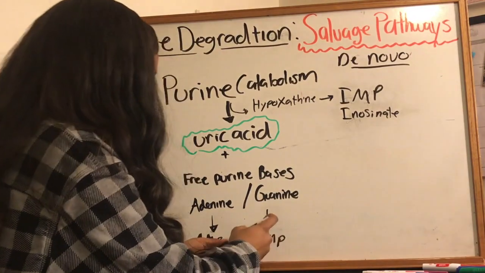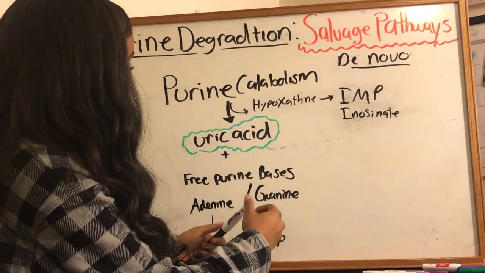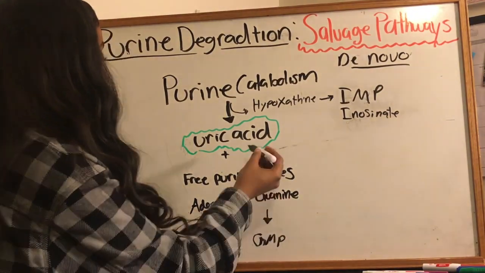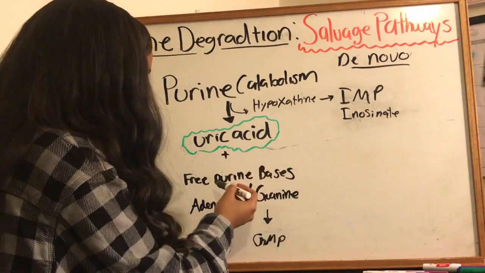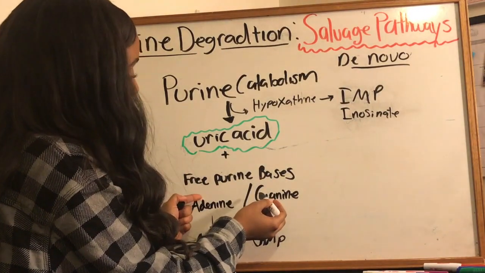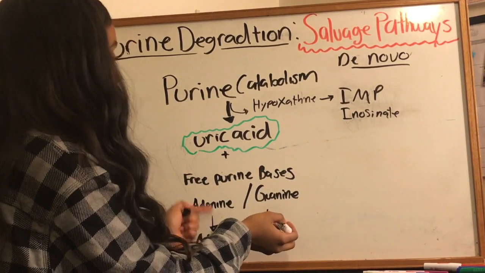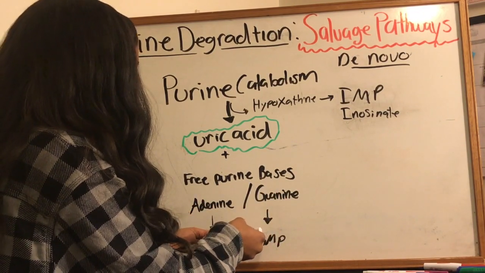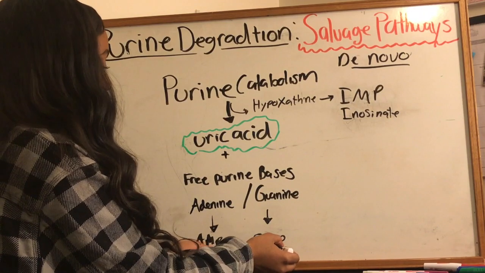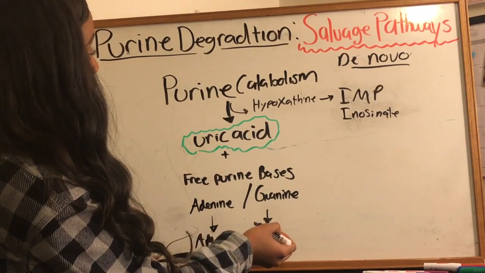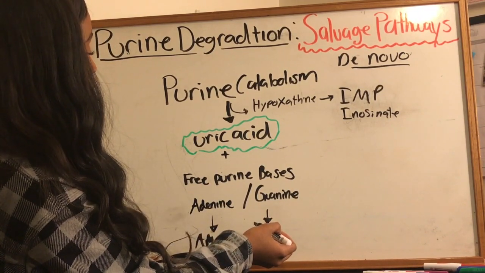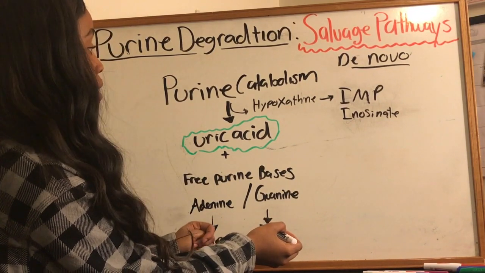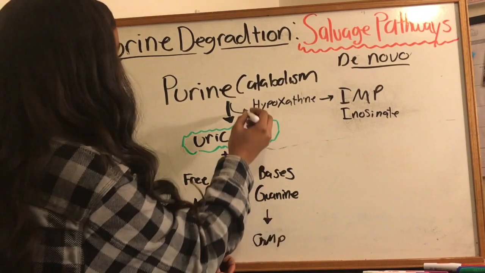And this also helps with some regulation, because our body is not going to be breaking these recycled bases down into uric acid, they're going to be used to produce more nucleotides, which I guess gives our body more time to process uric acid, and that way it reduces the production of uric acid.